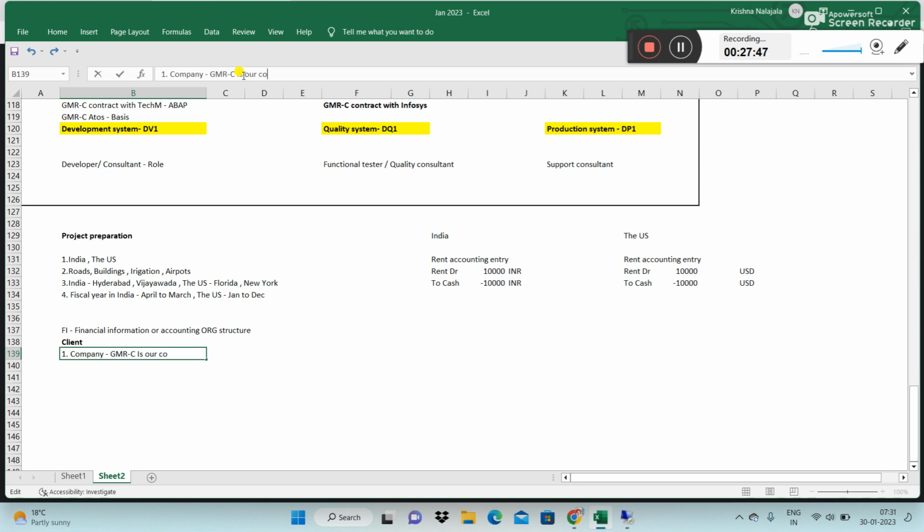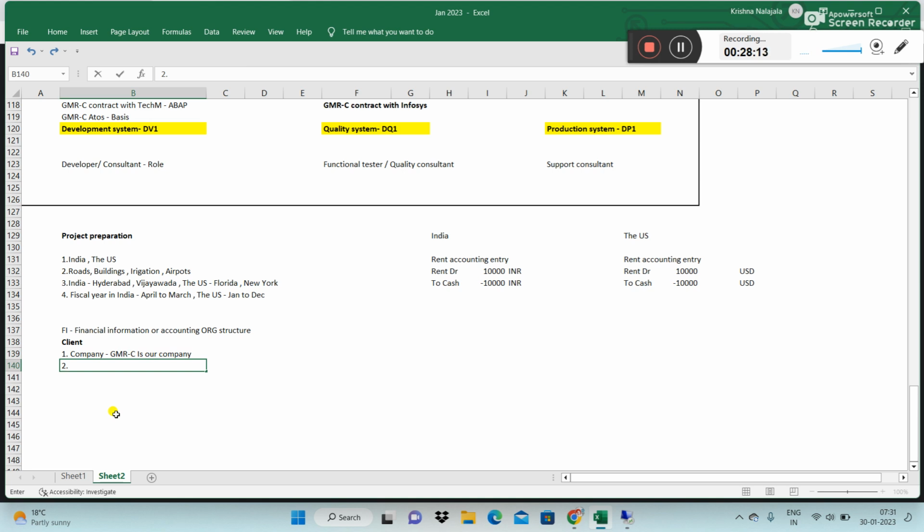Now tell me, what is the difference between a company? Company, leave it. We'll come back to it. Next, we have business units, right? How many business units do we have? How many countries do they have business in? Two countries, India and US.